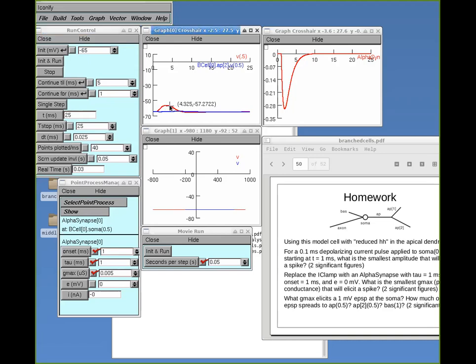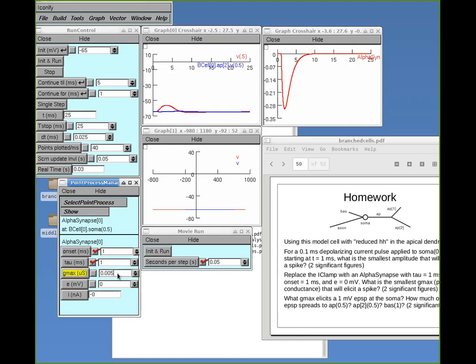It's about 6 or 7 millivolts. No, it's not. We're starting at minus 65 and we're going up to minus 56. That's about 9 millivolts depolarization.